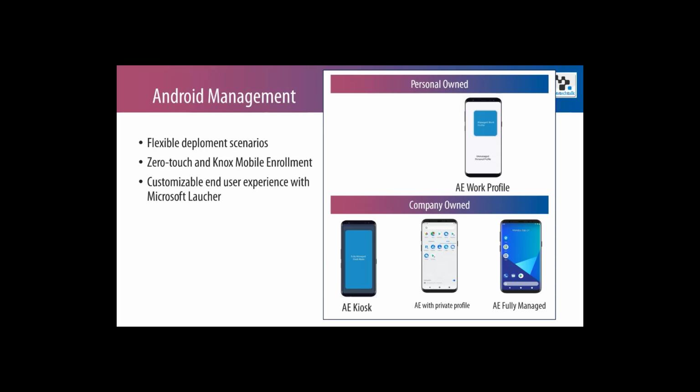So we have Android Enterprise with a private profile and Android Enterprise fully managed. With private profile means that you have a device which is company owned, but it allows you to put your private profile on it.